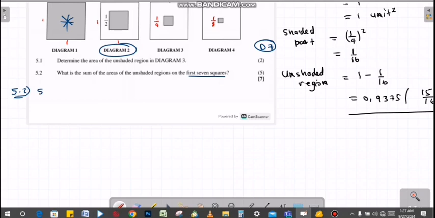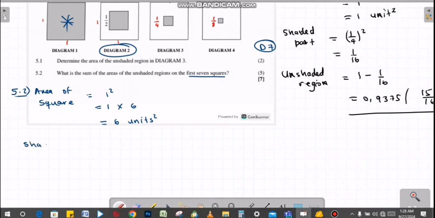Remember we said the area of a square is 1 squared, which is 1. How many diagrams? We're having 6 diagrams, which is 6 units squared.